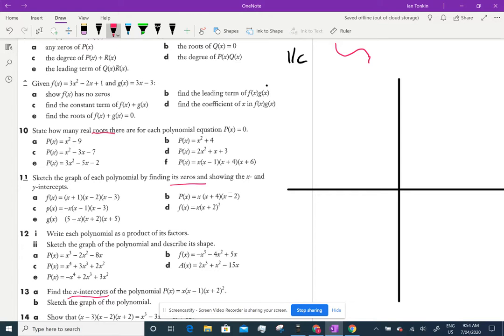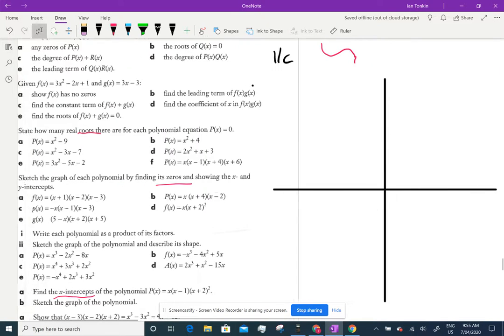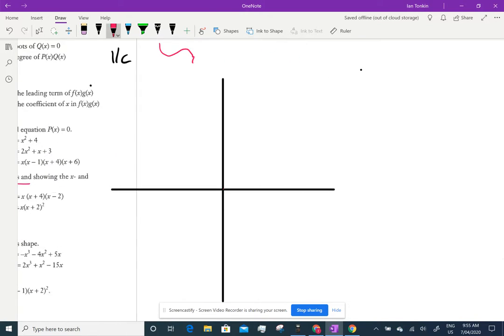In fact, we know it has lumps because it has 3 intercepts or 3 roots. So where are they? Well, at x equals 0, at x equals 1, and at x equals 3. So we've got 1 here, 1, 2, 3.